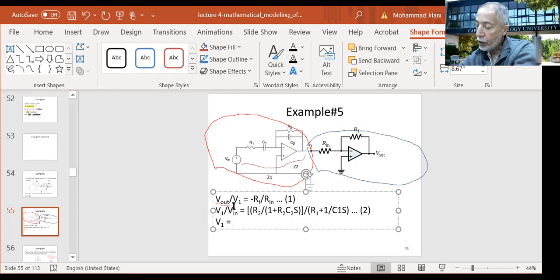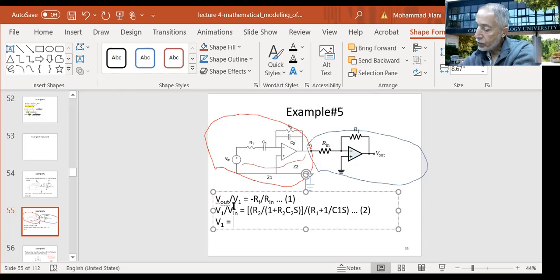So V1 now equals V out times Rn equals V1 RF.